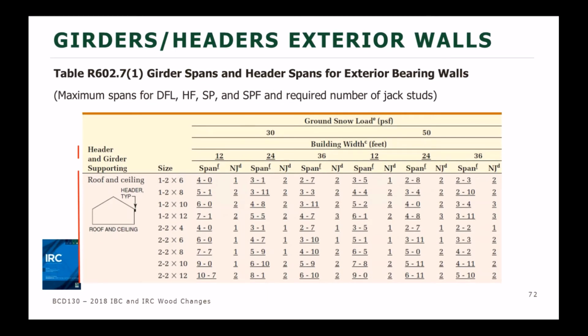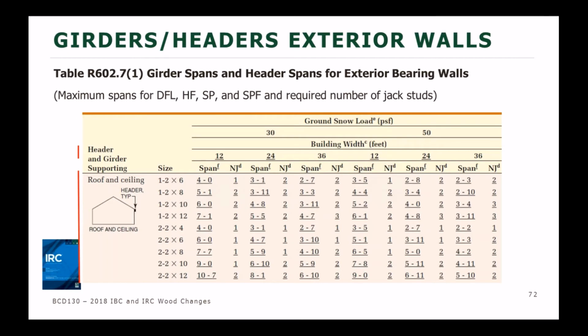So the next section in our walls that is a very large change, actually is probably the biggest change in the 2018 IRC for wood construction and the building frame, happens to be our girder spans and header spans.